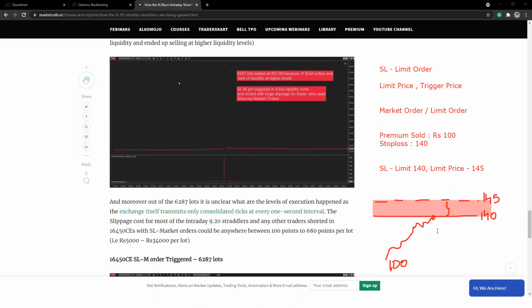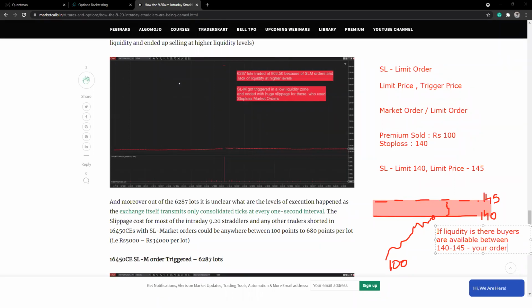So the condition is case one: if liquidity is there and buyers are available. So let's say we sold the stock, and buyers are available between 140 and 145.